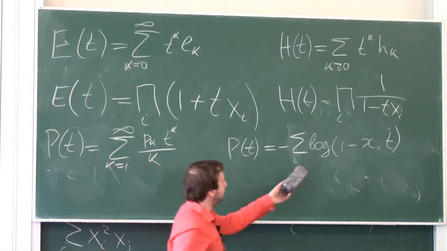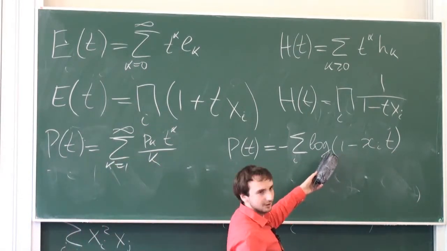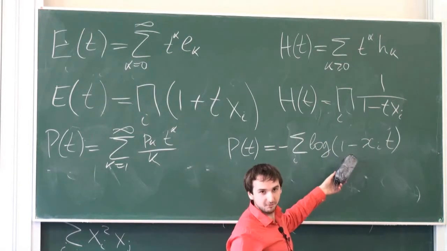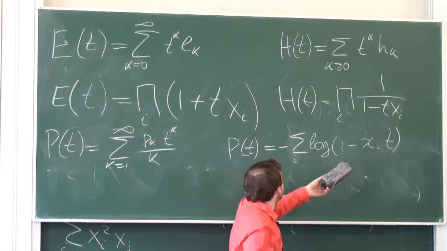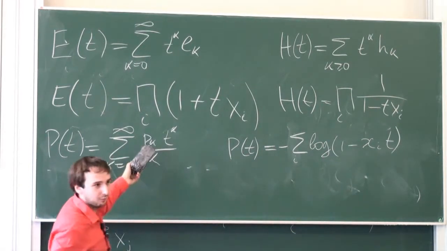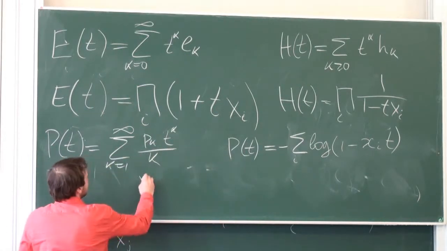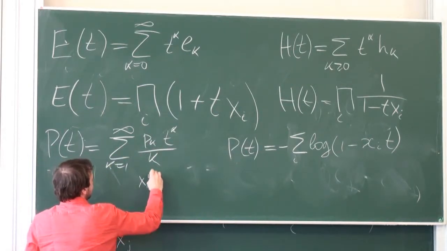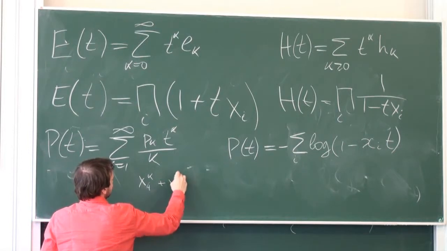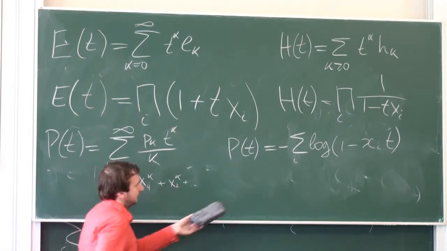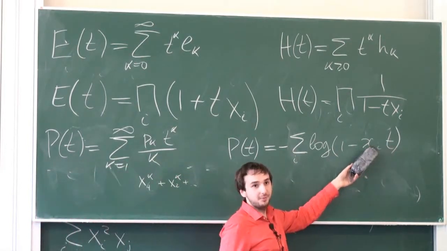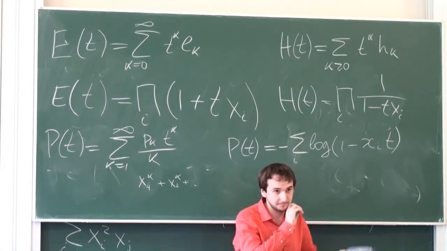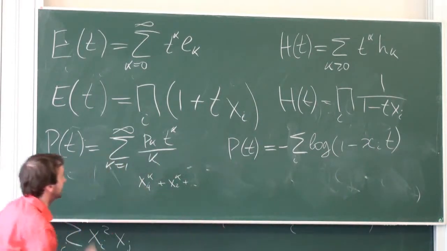Well, basically you just use the known Taylor decomposition of logarithm, and then you see that you get exactly this formula, just because pk is x1 to the k plus x2 to the k, and so on. And these are exactly the terms which appear in the Taylor decomposition. So this is the proof of this formula.